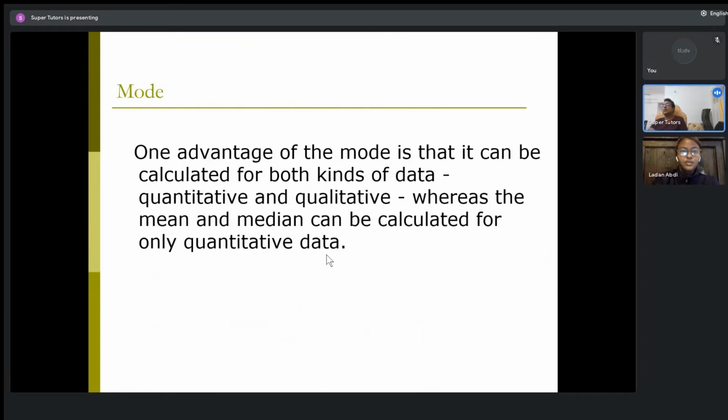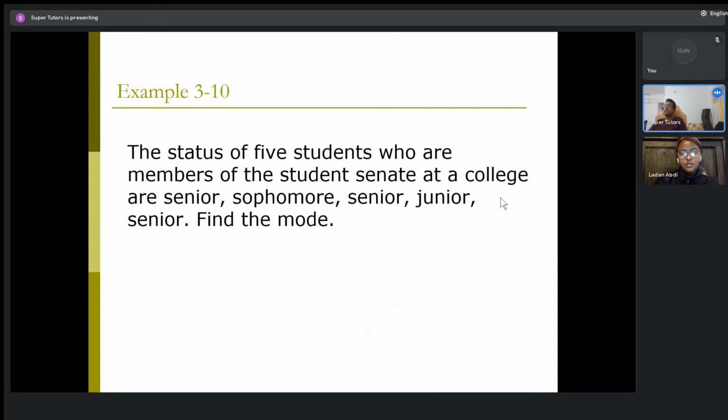Now, one beautiful advantage of mode is that it can be calculated for both kinds of data, quantitative as well as qualitative. When you talk about qualitative data, this is how the data will look. There are no numbers involved. It's just a qualitative understanding of data. Now, what's the mode here?